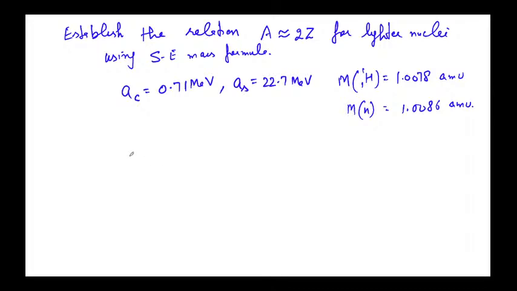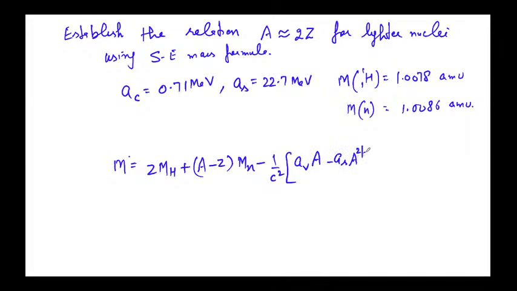Now for odd nuclei, the pairing energy term is 0, so our total mass energy term will become Z mH plus (A minus Z) mn minus 1 over c square times the binding energy. So this is the pairing energy.